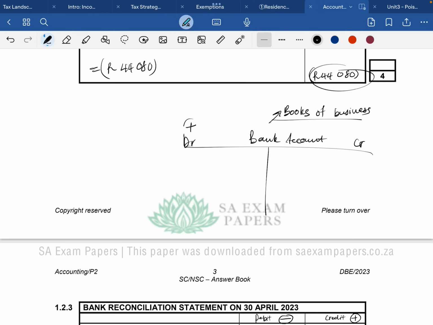So our bank account will increase on the debit side, I beg your pardon, let me just say bank, then it will decrease on the credit side. So since it decreases on the credit side, now we have a negative balance, which means the balance was closed on the credit side, right?